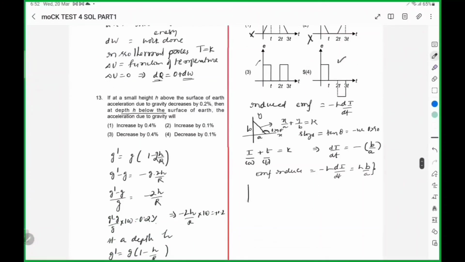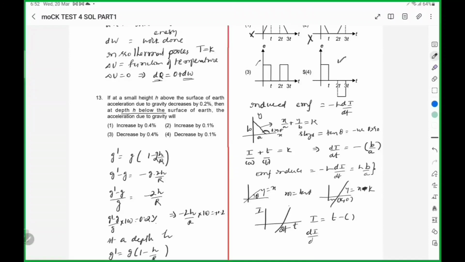So the line is like this. We say y equal to x, slope positive. So this line equation, I can say y is equal to x plus k. So it is passing through k comma 0. Here it is given in terms of I comma t. Here I is equal to t minus something.